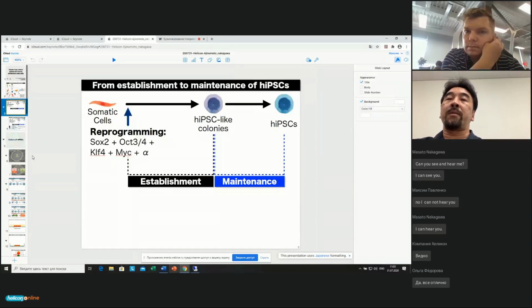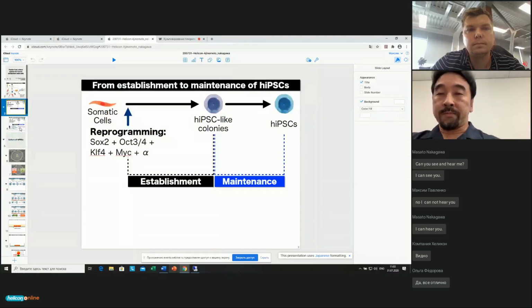First, we need to transduce reprogramming factors into the somatic cells. 20 or 30 days after transduction of reprogramming factors, we can see the human iPSC-like colonies in a cell culture dish. After that, we clone these iPS cells, and finally, we establish the mature human iPS cells.